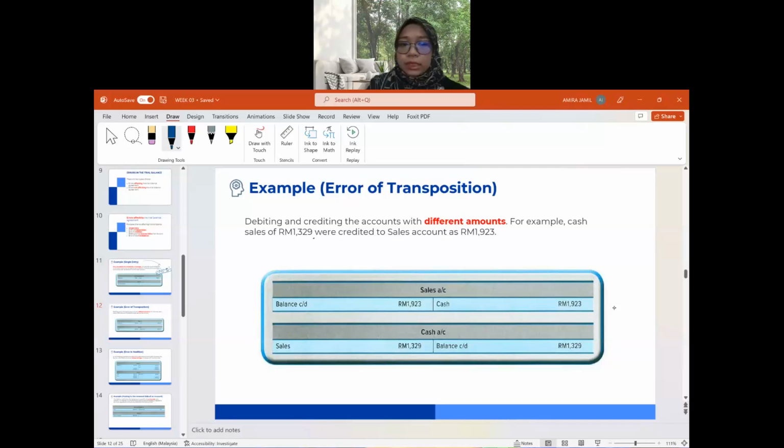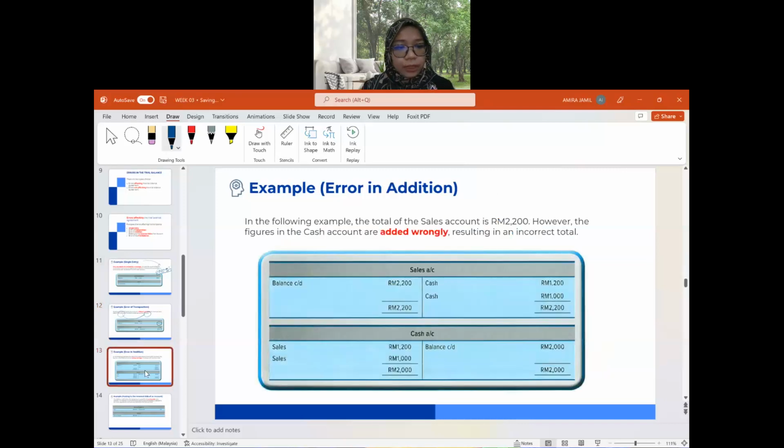It is a human error. 19 and 13 are quite confusing. 1329 and 1923. When you do this, it's called an error of transposition. Your trial balance will not be balanced because of this difference in figure between 1923 and 1329.